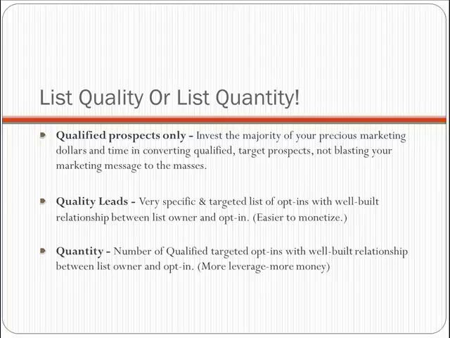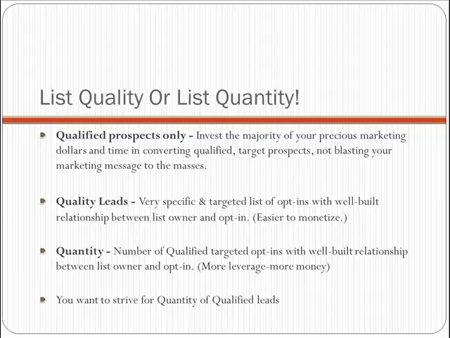You've got more leverage because they're going to start spreading your name around. It's like, hey, so and so did a great job for me. They've got a really good list. I think it would fit your audience. They start recommending you, and you've got a lot more leverage and a lot more money coming in if you have good quality leads and focus on building a number of good quality targeted leads.